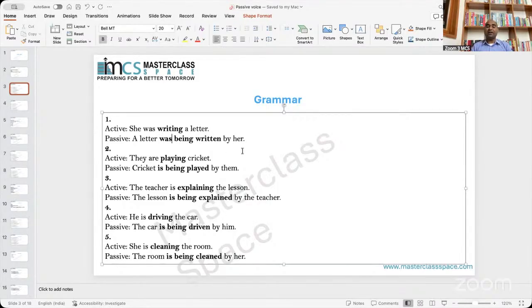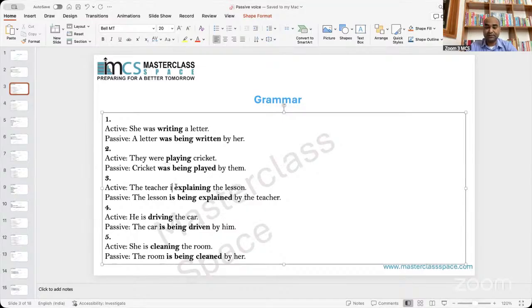It means the shortcut is that when you find past continuous tense, to change it you do not need anything new. Just add being along with the past continuous tense helping verb, and that becomes: the letter was being written. What if it is they were playing cricket? Then passive voice will be cricket was being played by them.